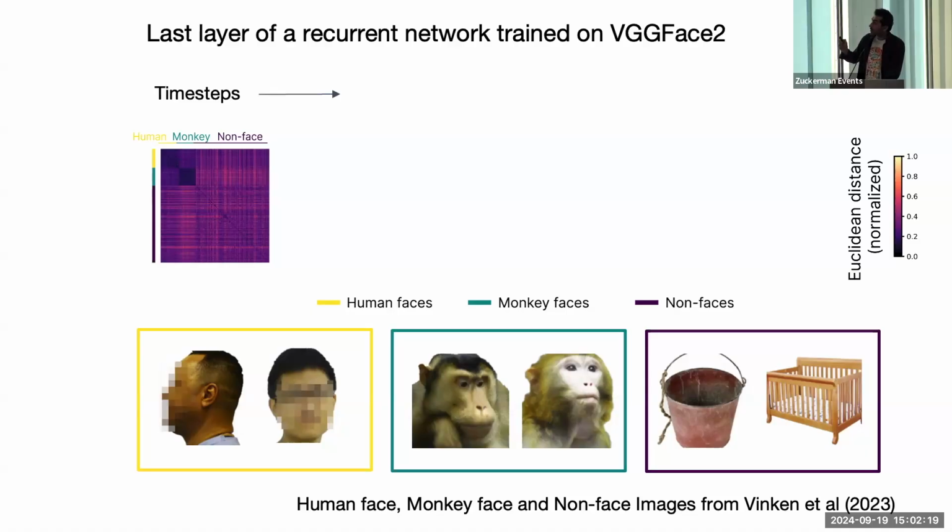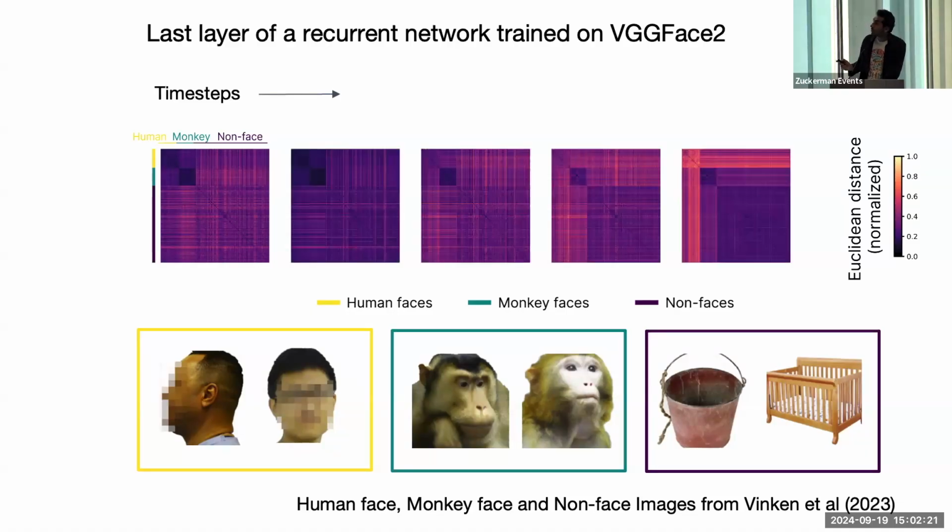If we look across the time steps in our network, we see something like this emerging. What this tells you is that as the time steps go on, human faces are becoming more dissimilar to one another, and the objects are becoming more similar to each other. So in a way, the representation of faces is expanding and the representation of objects is collapsing.